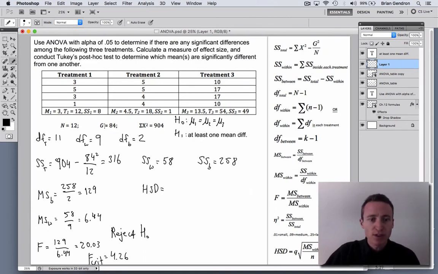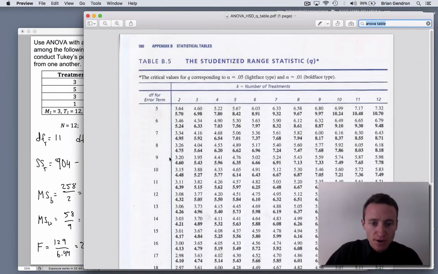So DF within was 9. Okay, so 9 is right here, 3 is right here. They match at these two values. And again, just like in the Anova table, if you're using an alpha of 0.05, which we are, our value is the light face one, 3.95, whereas use the bold face for 0.01. But we're using 0.05, so that means our Q value is 3.95.